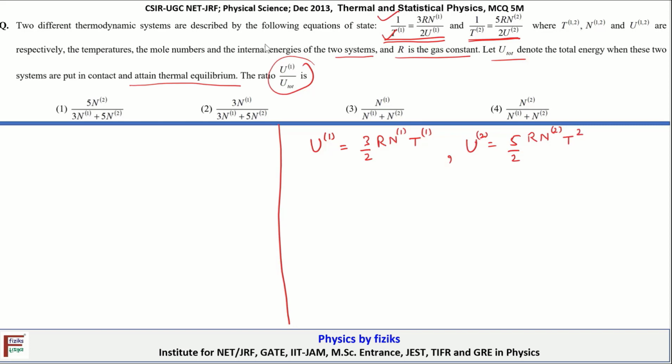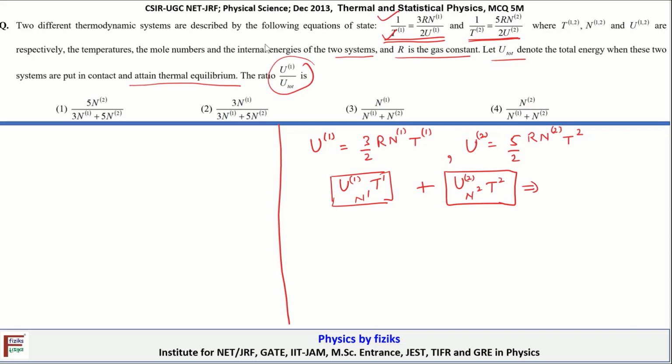Now when these two systems are combined together, let's denote these two systems symbolically by two different boxes, where U1 is the total internal energy of this system, and U2 represents the total internal energy of the second system 2, which is at temperature T2, and this is at temperature T1, with N1 and N2 particles respectively.